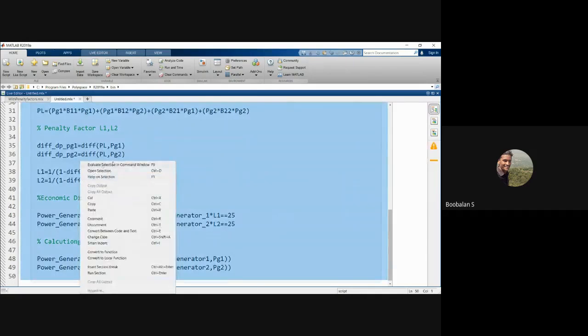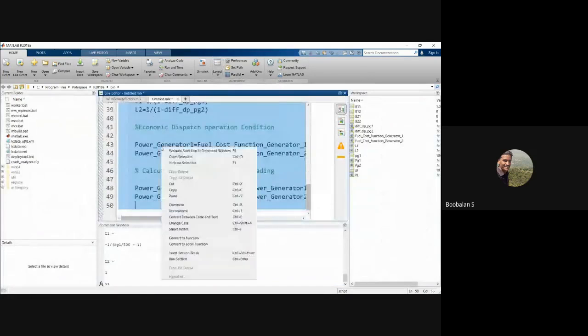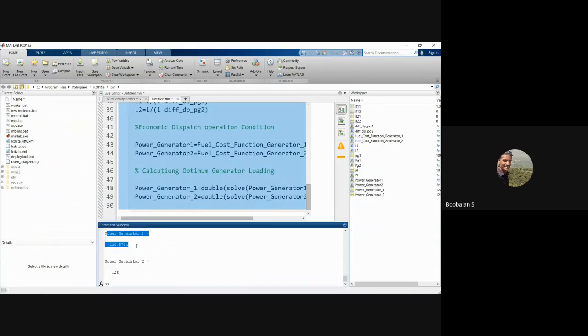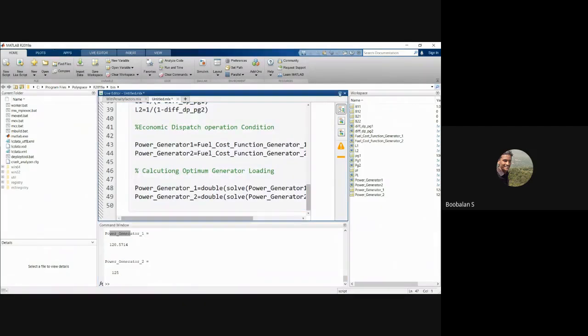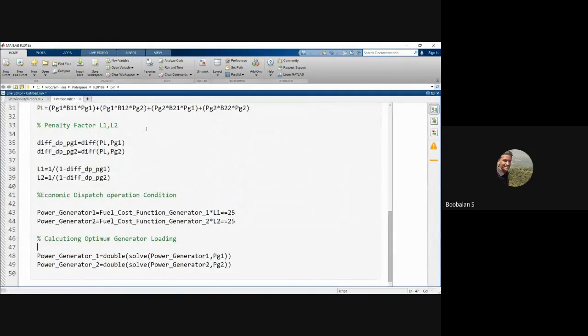We'll check it out. Yeah, I'm just going to run it for 1 second. Yeah, it's working. Finally, we got the answer: power generator 1 is now 128.57 megawatt and power generator 2 is 125 megawatt. Got the idea now? Please note it down.